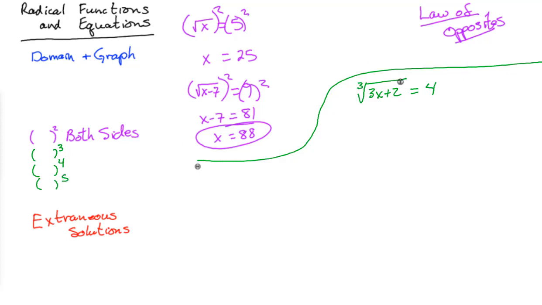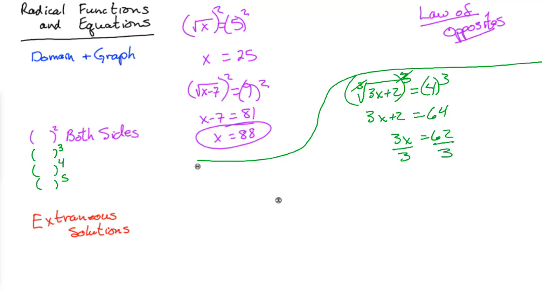So for the cube root, we cube both sides. We now have 3x plus 2, because cube and cube root undid each other, equals 4 cubed, which is 64. Subtract 2, 3x equals 62, and divide by 3.